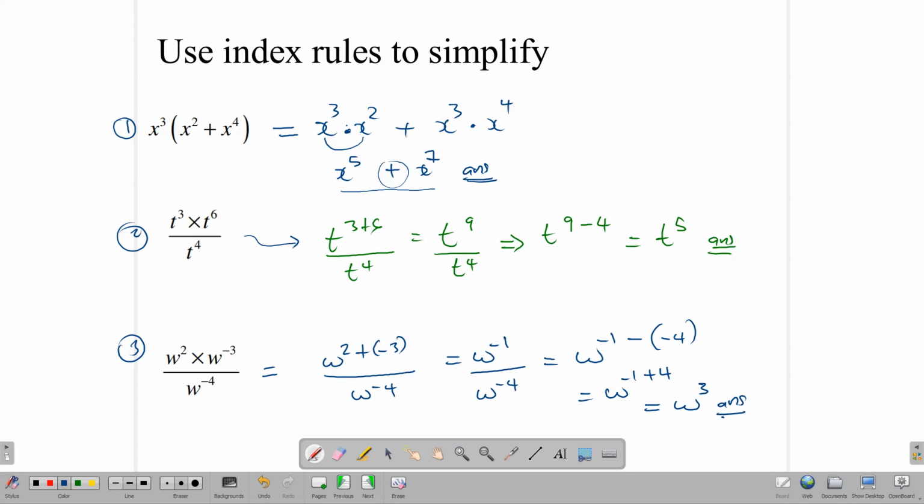So we can use indices to simplify algebraic expressions. We can use them to simplify numeric expressions. And especially when you're simplifying numeric expressions, you probably want to pay attention to your calculator, because your calculator has a power button. Sometimes on your calculator it looks like this, a little up arrow that indicates powers.